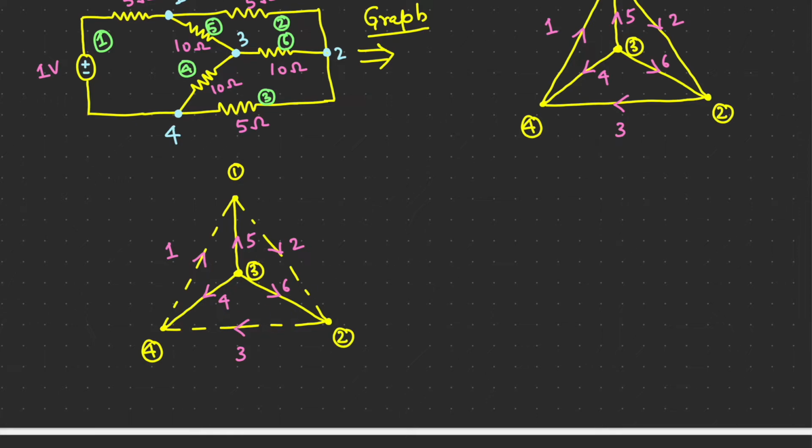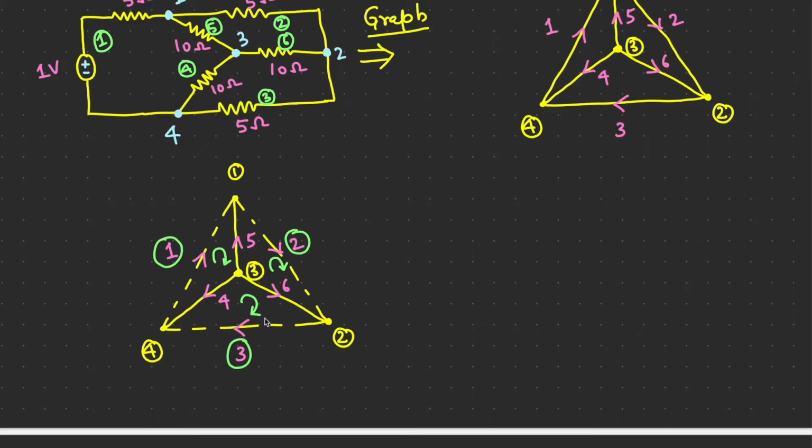Now we can see there are totally 3 loops, where this is loop 1, this is loop 2, and this is loop 3. I have taken the names of the loops as per the link name, so here the links are link number 1, link number 2, and link number 3.